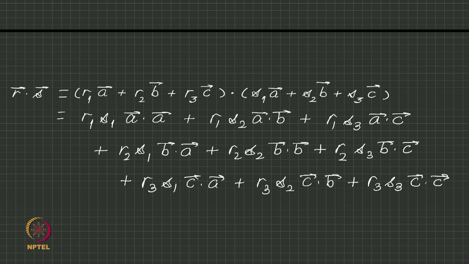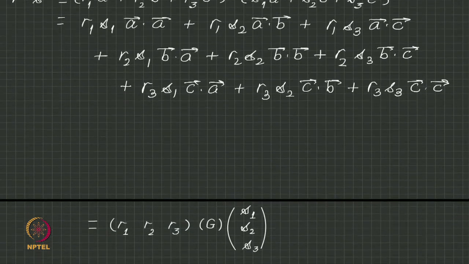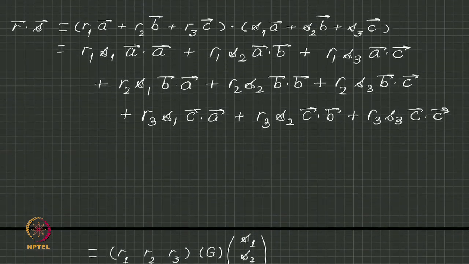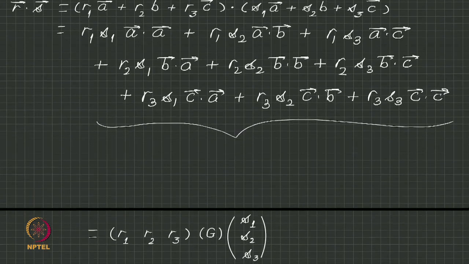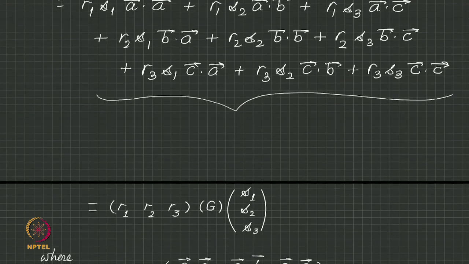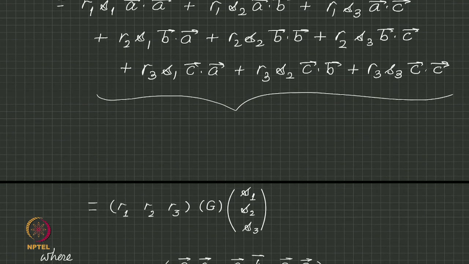But in crystallography, once we have decided that our unit cell is a, b, c, alpha, beta, gamma, the lattice parameters, it may happen that none of these dot products is 0. So, we are left with all these 9 terms. The only way to simplify this is to write it in a matrix form like this.